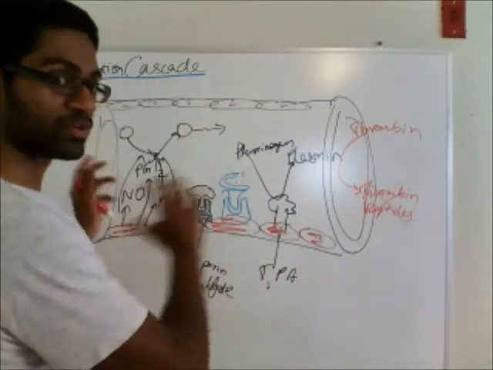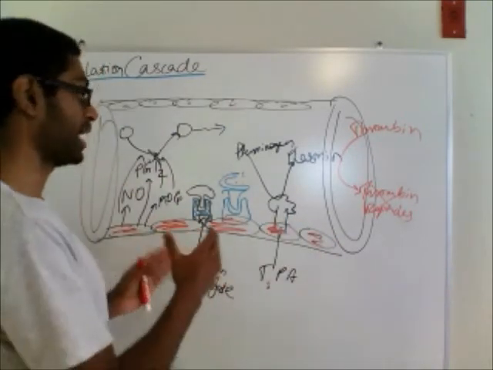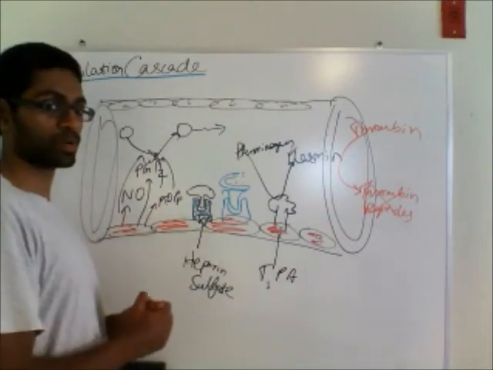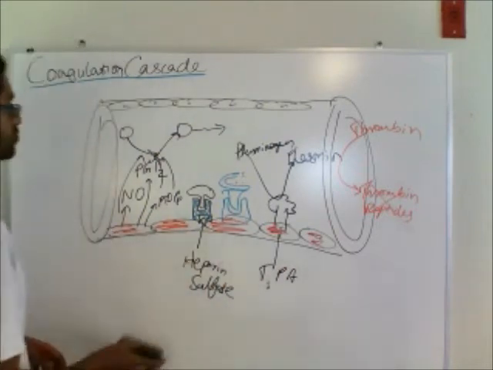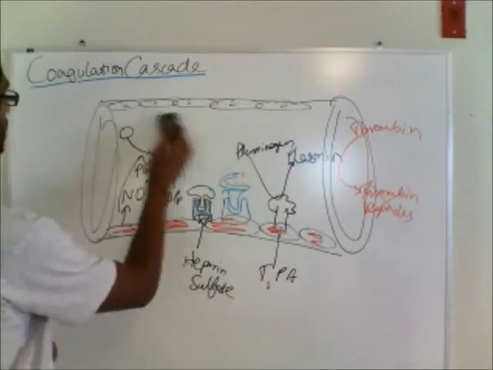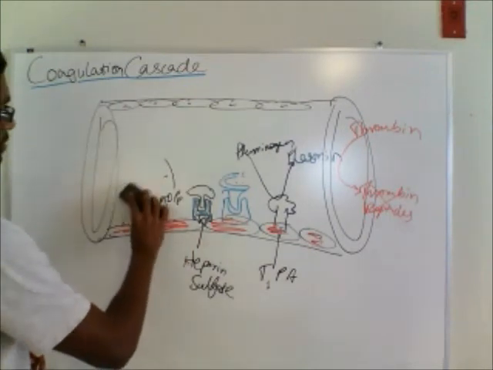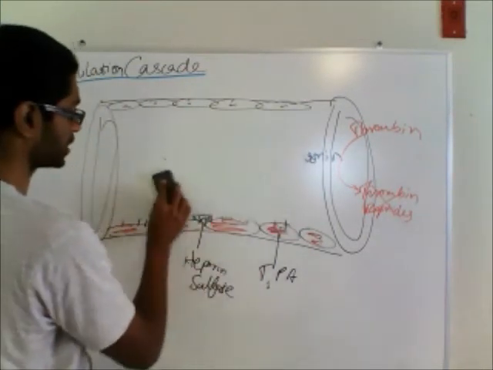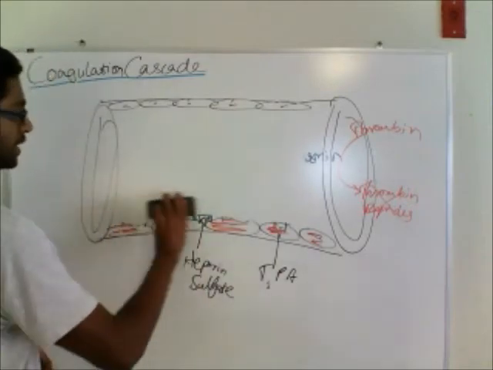Now I'm just going to erase this and draw a new picture and talk about what happens when this is not working properly. I'm going to make it a little bigger, because a lot of things happen.